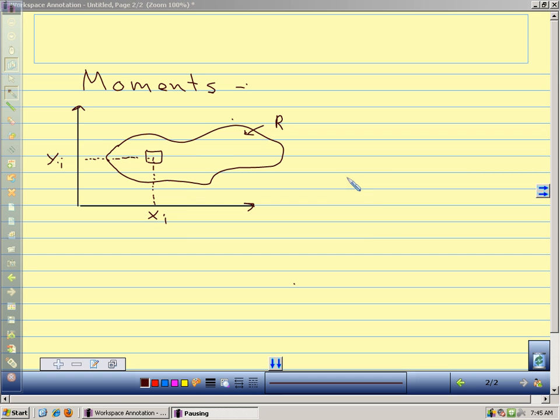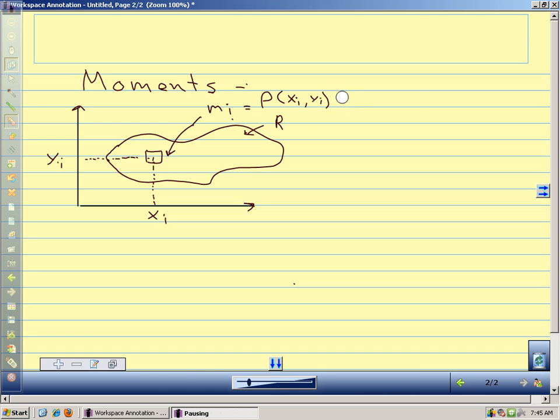So this is our little piece of the region, and our mass, just like from what we just talked about, is our density at those coordinates times delta A sub i, the area of that little region.